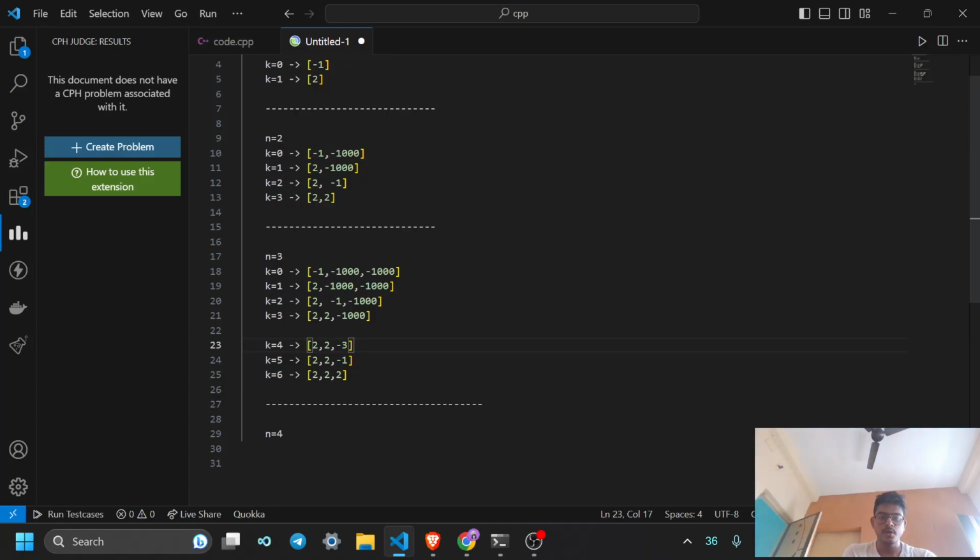When should I take a negative integer? If k equals 3, then I don't need any negative integer. Let's calculate for the case of k equals 4, where I need two positive integers.